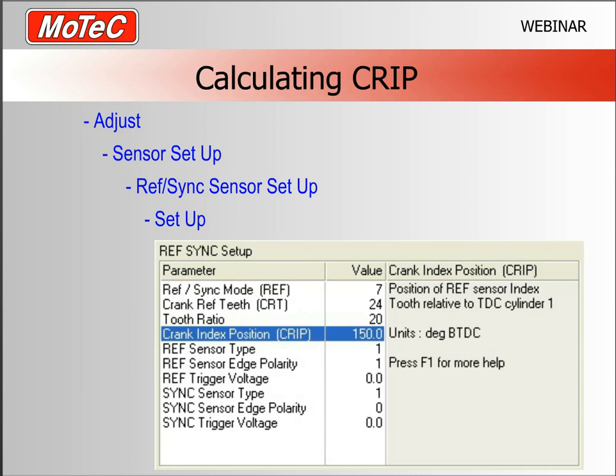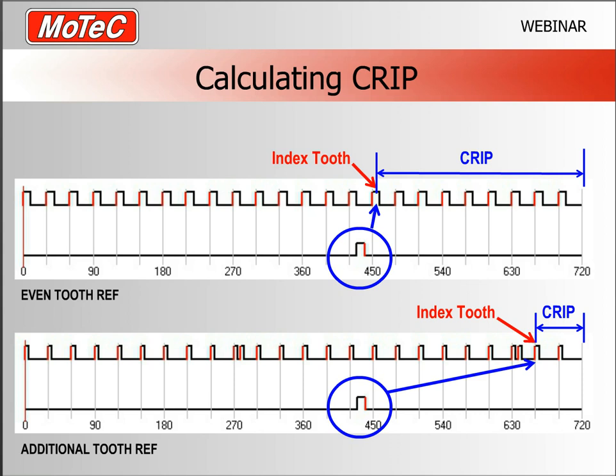It's actual crank degrees. So I simply enter 150 in my crank index position. And just in blue there, I've sort of given you a list of the menus that you go through to get to this setup page. Again, if you go to my previous RefSync webinars, you'll be able to get a bit more detail on this.